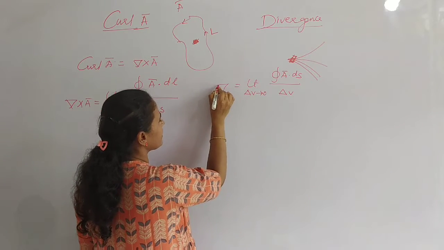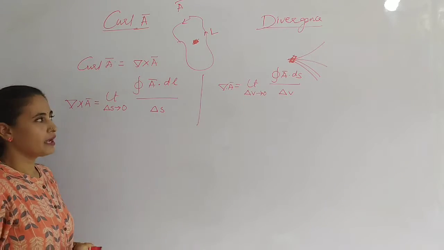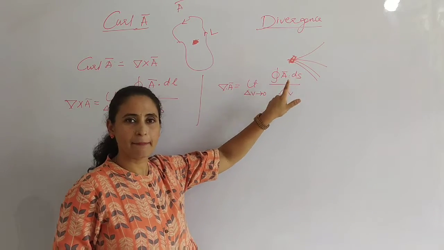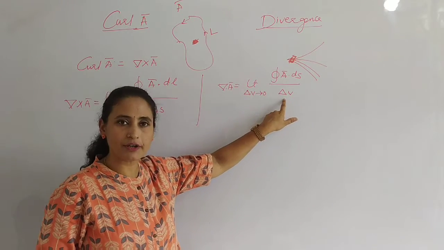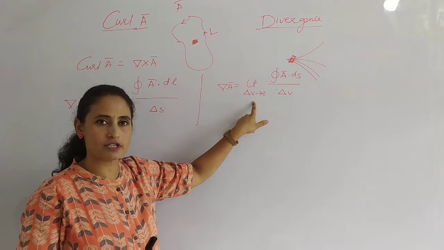This is nothing but divergence of A bar. See the difference? Here it is flux per unit volume, as this unit volume acts as a single point because it approaches 0.